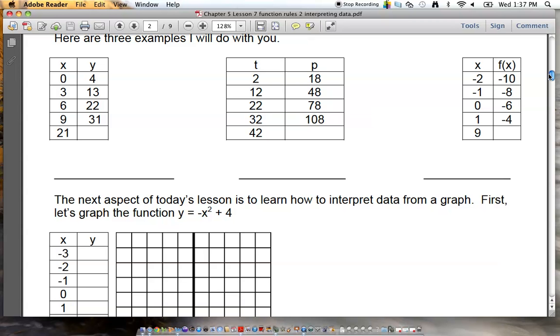4.5 minutes. Come on, find those 3 function rules. Talk to each other.